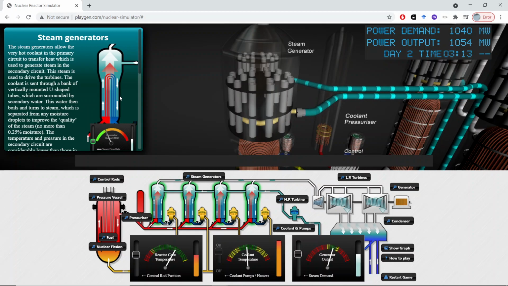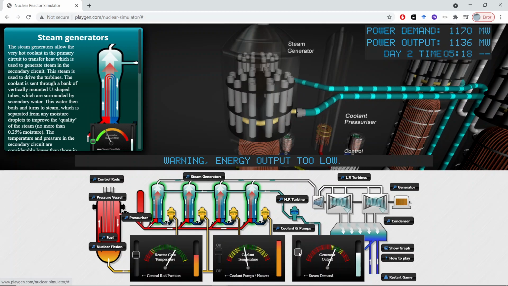For instance, in the Russian VVERs, sorry, I said three V's, two V's, VVER or WWER in Western languages, these steam generators are placed horizontally, and the demand is increasing. Let's increase generator output.